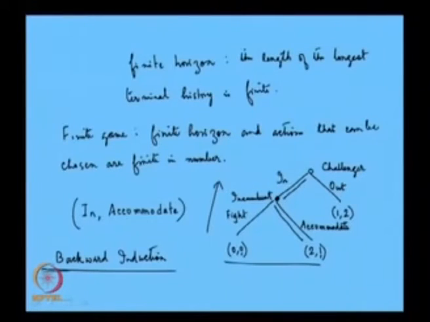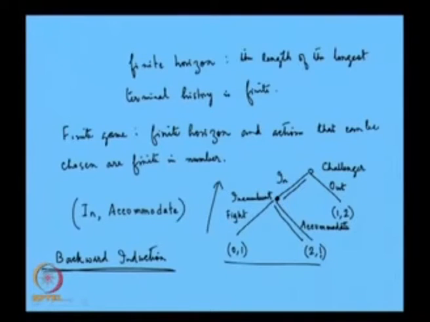But there are some problems with this backward induction logic and how it can be applied. For example, if I change the numbers a little bit, suppose instead of 0, I have 1 here. Then it is not very certain whether the incumbent will fight or accommodate, because the payoffs from both these actions are same.